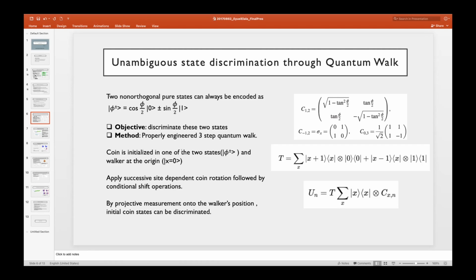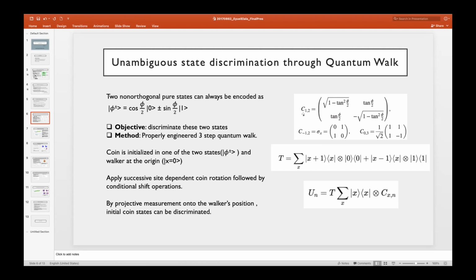So how do we do that? First, we have the state phi plus or phi minus as the coin state, and a Walker state at the origin. Then we apply a coin rotation based on the site of the Walker. It's called a site-dependent coin rotation, and there is also a shift operator.